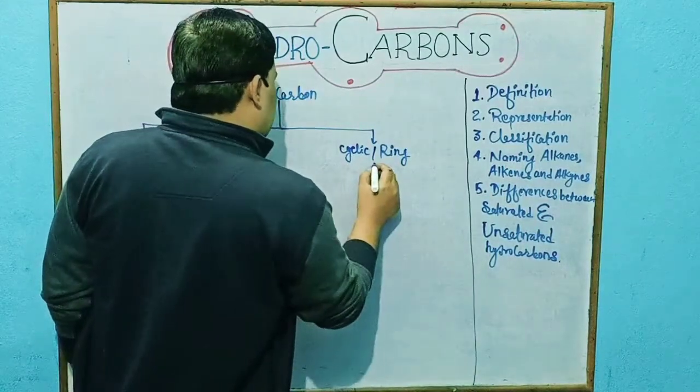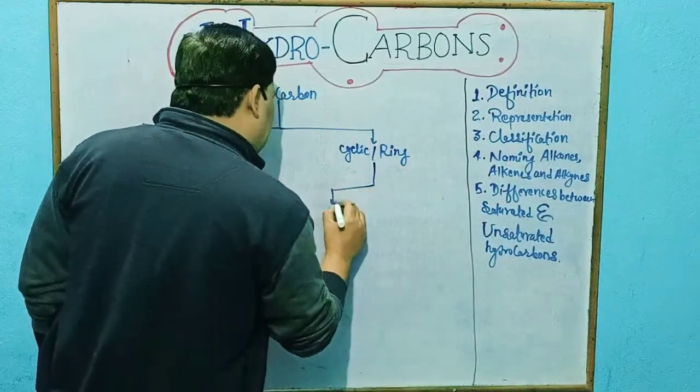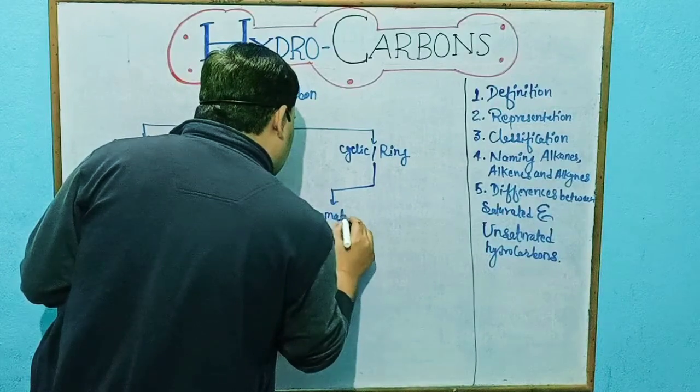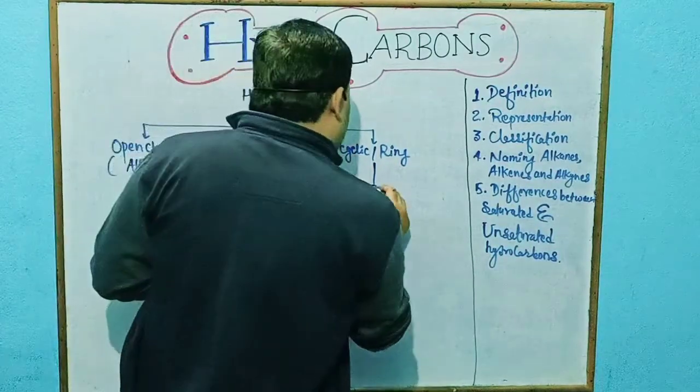In ring classification, we further divide it as aromatic and alicyclic.